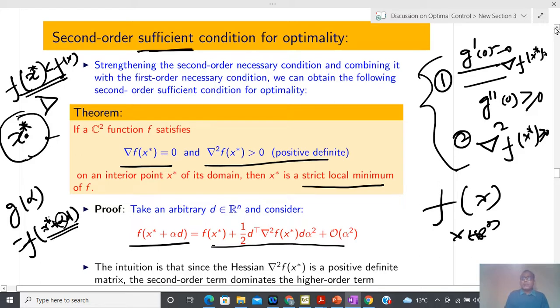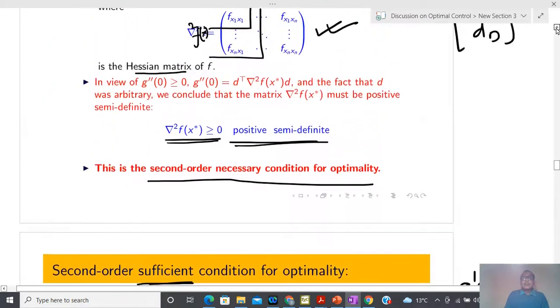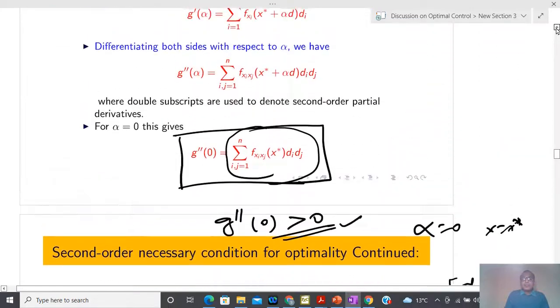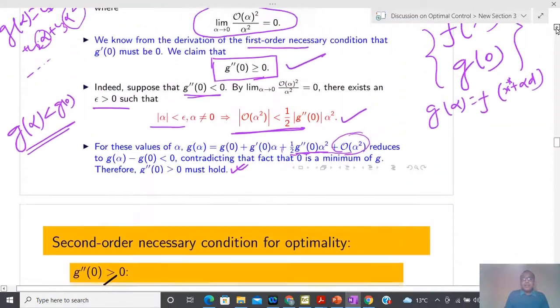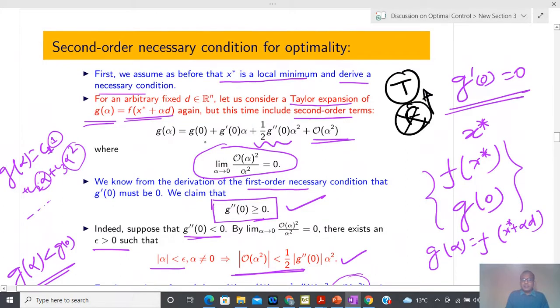Okay, if you have confusion, then please just see from here that if I have done Taylor series expansion, 2 times Taylor series expansion, then g of alpha equals g of 0 plus g dash 0 alpha. So if you see, g of 0 is nothing but corresponds to f of x star. This particular quantity corresponds to gradient f of x star times alpha d.